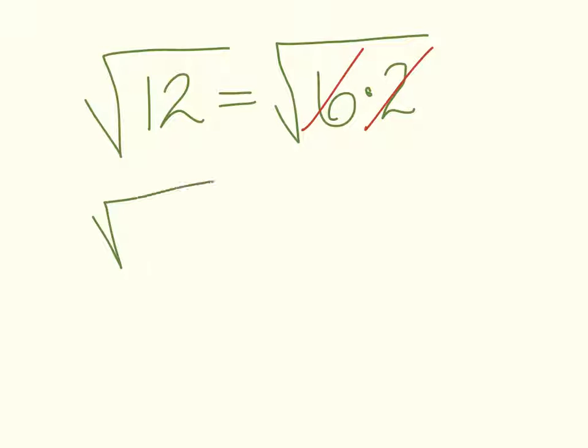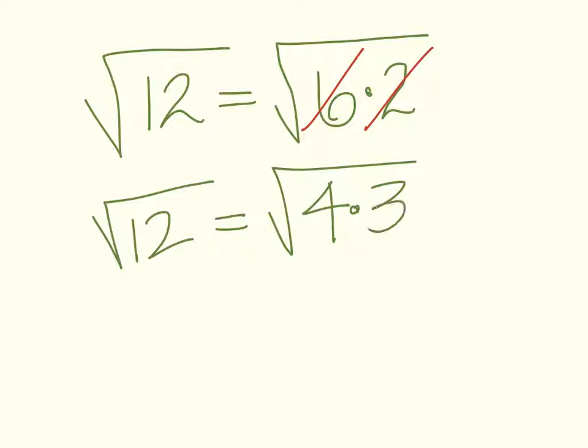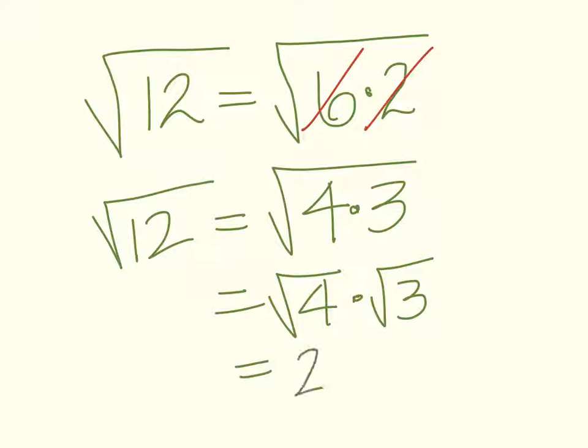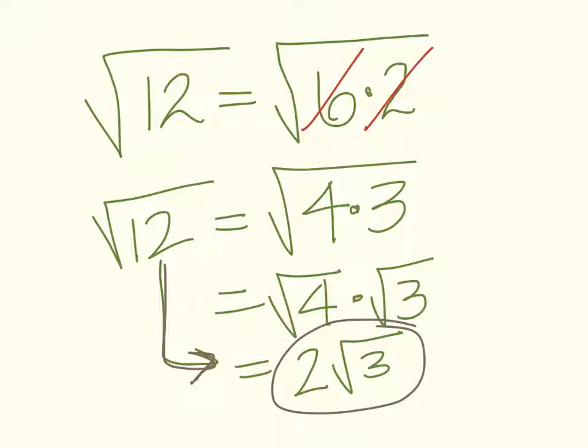How about the square root of 12 is the same thing as 4 times 3 under the radical? That's what I want to do. So the square root of 4 times the square root of 3 equals 2 root 3. So the square root of 12 is the same thing as 2 root 3.